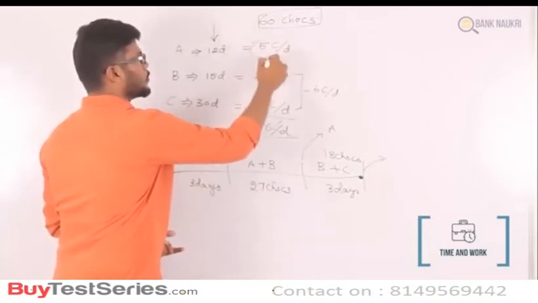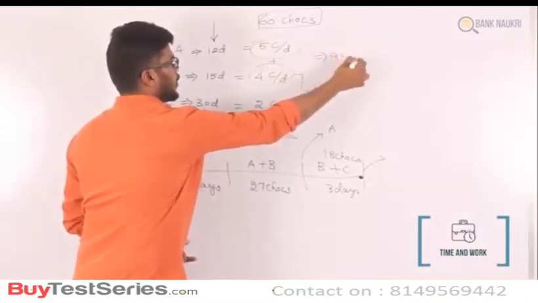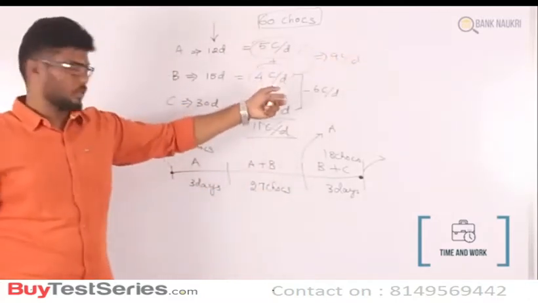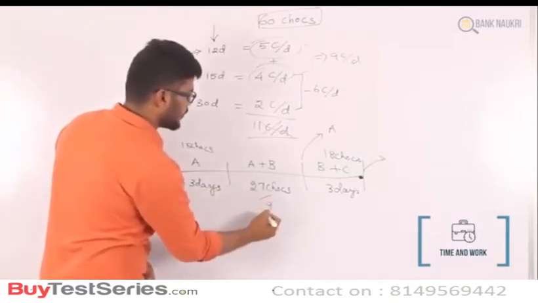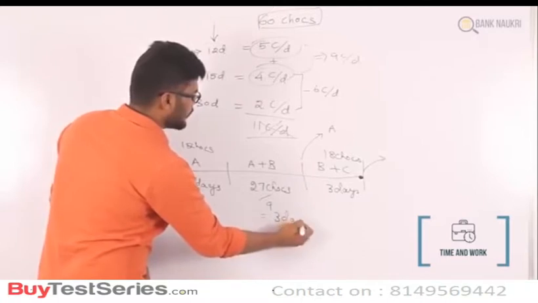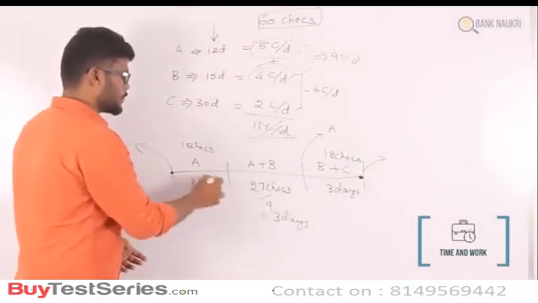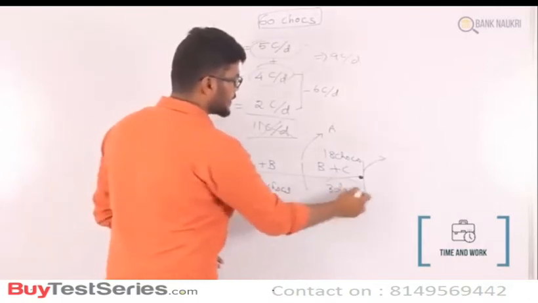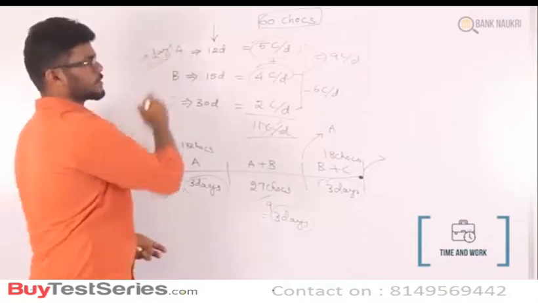I know A and B together can eat 9 chocolates per day. Am I right? A and B together can eat 9 chocolates per day. So to finish these 27 chocolates, 27 by 9, A and B will take 3 days. Simple. So the answer for this question is the first 3 days, in between 3 days, and the last 3 days, so the answer will be 9 days.